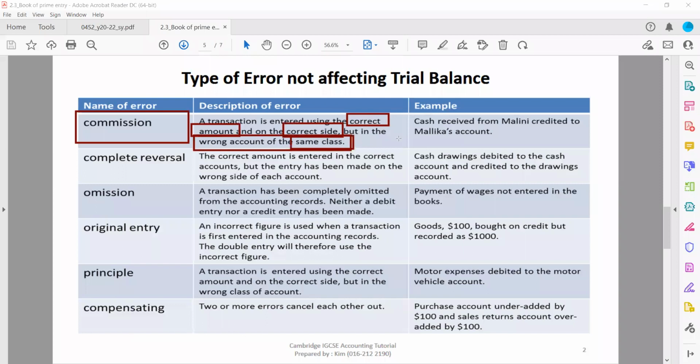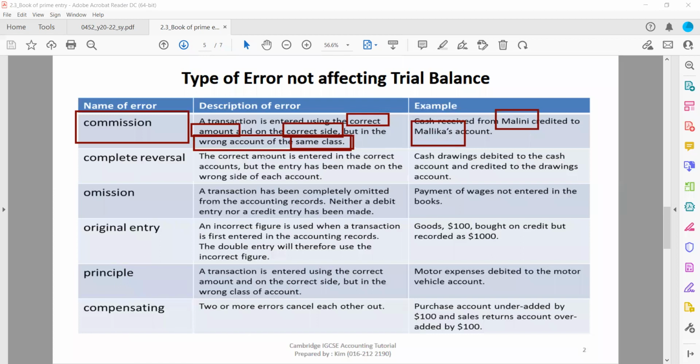Same class means the same group. For example, cash received from Malini is credited to Malika. Malini should be the correct account, but we put it into Malika. Both are trade receivables. So that caused the commission error to happen.